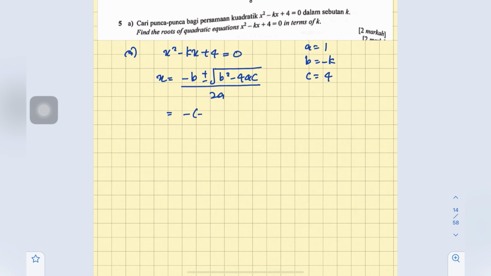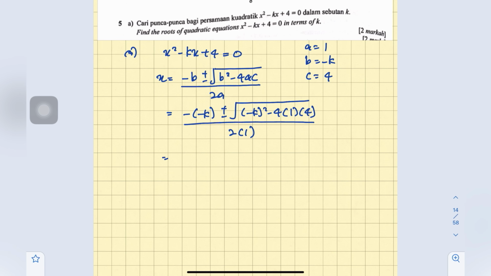So negative of negative k, plus minus the square root of negative k squared minus 4 times 1 times 4, over 2 times 1. This becomes k plus minus the square root of k squared minus 16, over 2.